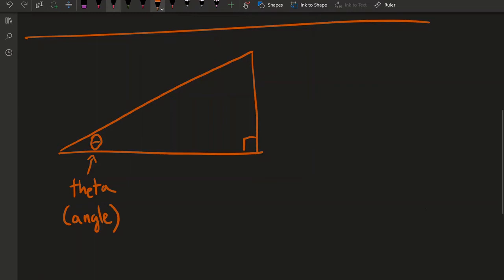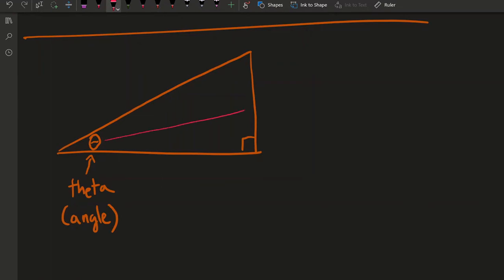Now, if I start at theta and I go straight across, this side right here is called the opposite side. If I start at the 90 degree angle and go straight across, we always land on the hypotenuse. And then the other side that is not the opposite or the hypotenuse, the one that is touching theta, that's not the hypotenuse, is called the adjacent side.